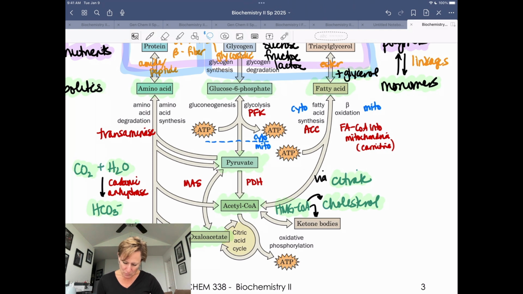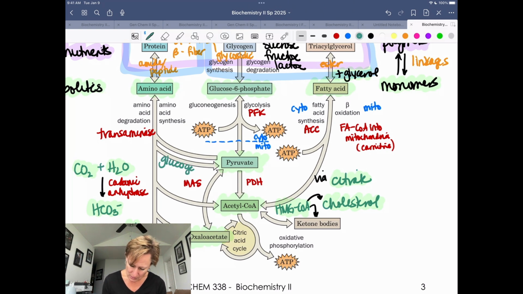So again, we've got glutamate there. I think the last couple of things that I want to add are, notice here with amino acids. Amino acids can be converted into pyruvate, or they can be converted into acetyl-CoA. So when we have amino acids that are deaminated, right, by transaminase chemistry, and we have that alpha keto acid skeleton able to be converted into pyruvate, basically we call those glucogenic amino acids.